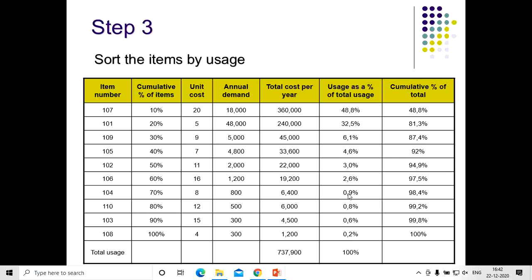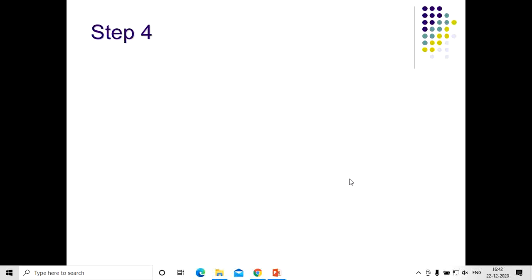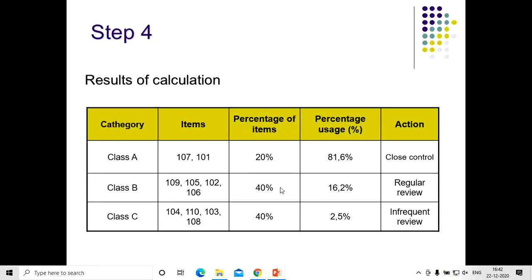The minimum usage items in this table are 108, 103, 110. These will go in C category, so we are not going to touch them. B category sums up to 16.2%, and the remaining four items, 104, 110, 103, 108, sum up to 2.5.